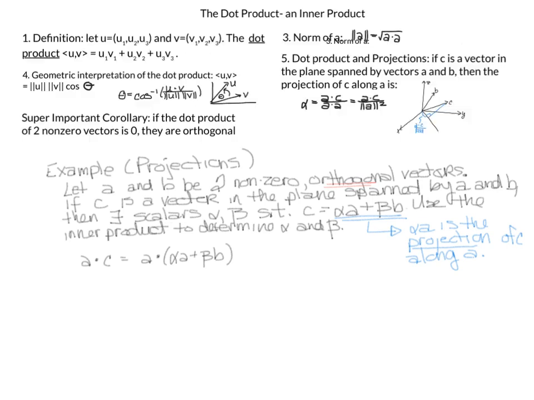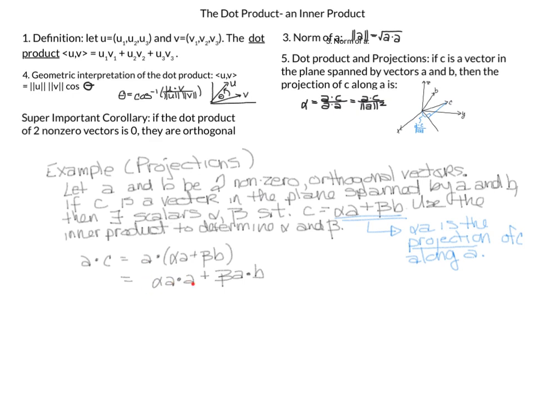We're going to start by taking the inner product of A and C. So we have A dot C, and we're assuming we can write C as alpha A plus beta B. We're assuming that's true because this example told us that there exist scalars alpha and beta such that C is equal to alpha A plus beta B. Here I've performed my dot product, and I moved my terms around because of the properties of the dot product, I can pull out scalars.